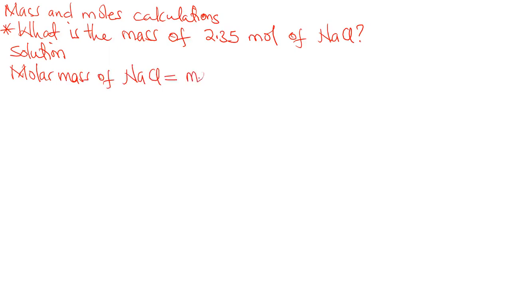So this one will be given by the mass of sodium plus the mass of chlorine, which is 22.99 grams plus 35.45 grams.